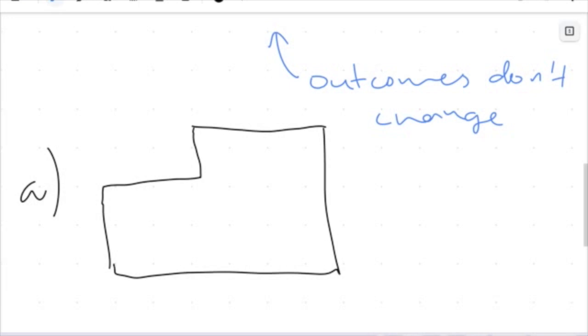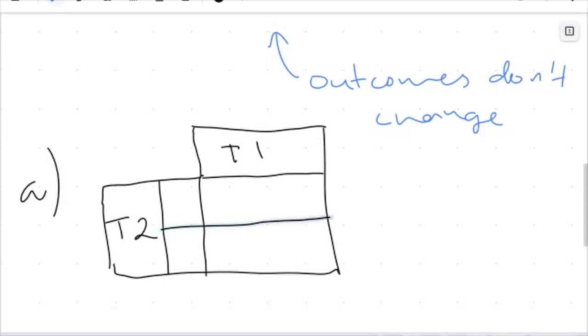So my two tosses here, I'm going to call this one T2 for toss 2, and this is going to be T1 for toss 1. So I have my heads, I have my tails, and in this one I have my heads and my tails, and this is going to be toss 1. Alright.